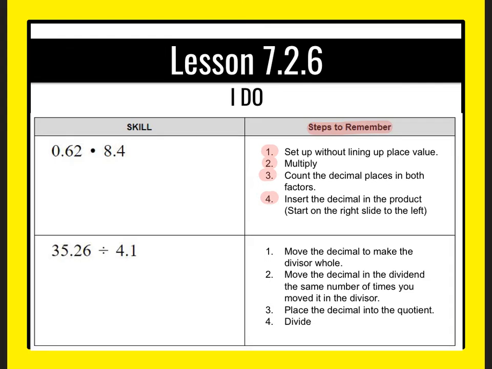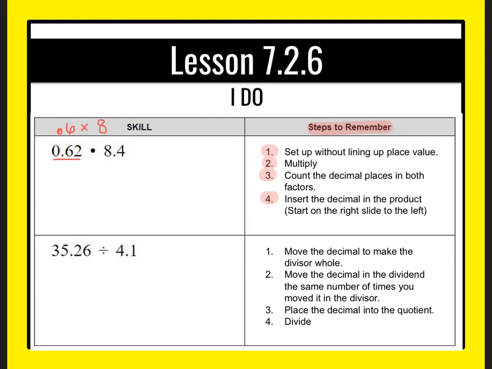So I will model that. However, I would like to share a strategy that Miss King personally likes to use, before we even begin multiplying. If I take an opportunity and look at this number right here, I'm just going to say that that is 0.6. And if I look at the number 8.4, if I'm going to multiply that by 8.4, I'm going to say that 8.4 is pretty darn close to just 8.